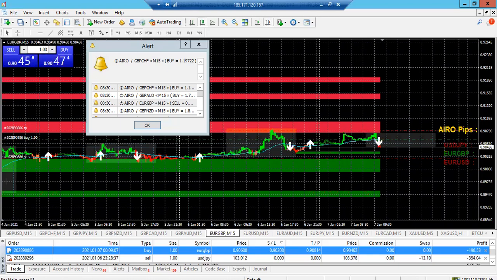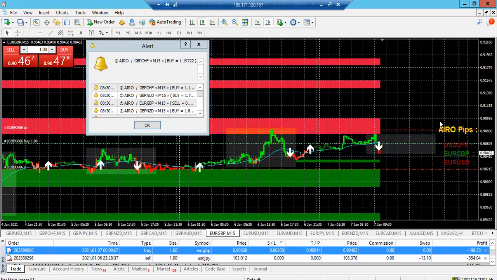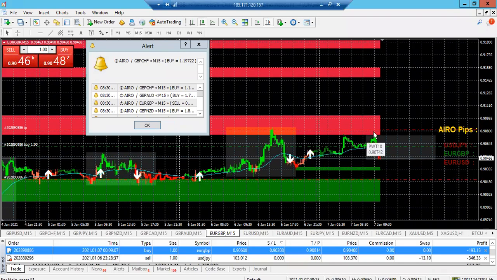Currently on Euro GBP, the market has bounced off a resistance and it is now coming down as a sell. Let's calculate the pips to the next support. Pips to the next support is 9 pips.